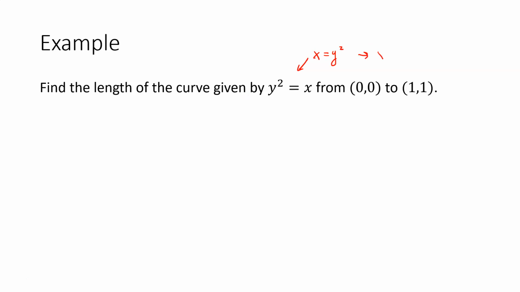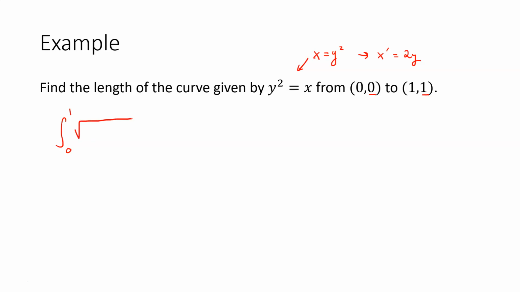And so x prime would be 2y. So let's write now the integral from 0 to 1. And notice there I'm using actually the y coordinates, not the x coordinates, even though they're the same.